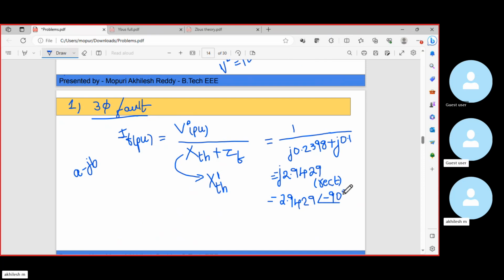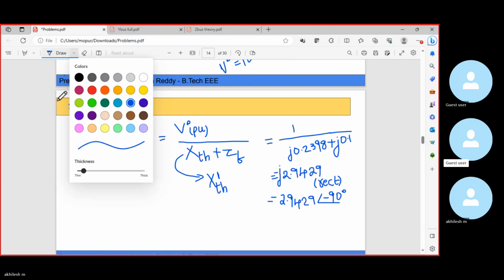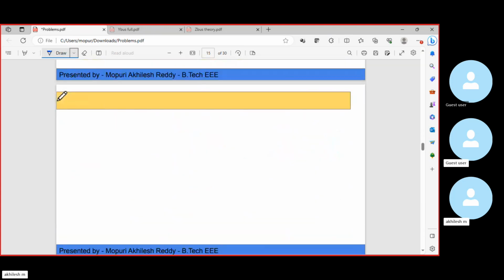Before going to the fault current in the second case, we have made one mistake in this problem. Let us correct it. We need to revise one thing for drawing the zero sequence diagram. We had rules: based on the transformer connection, we need to replace it with some other circuit.